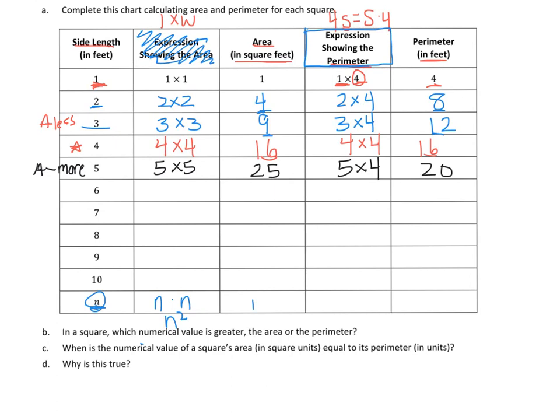And that's really what this will be, is n squared. The expression for perimeter is n times 4, or 4 times n, depending on how you want to write it. And then it'll be 4n. So just at least we got that variable set in there, because we might need it down below.